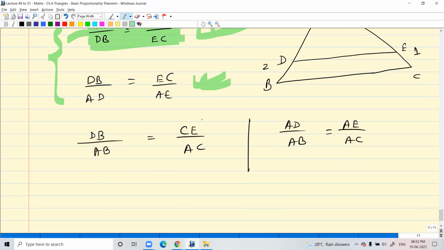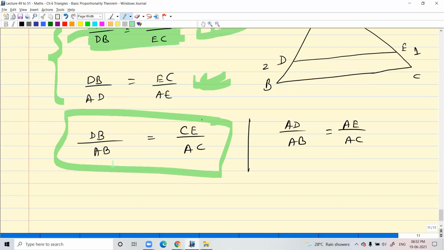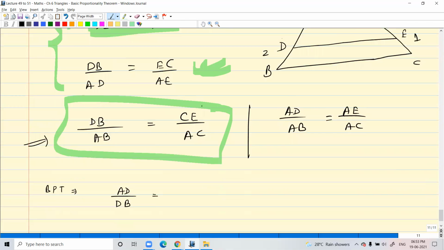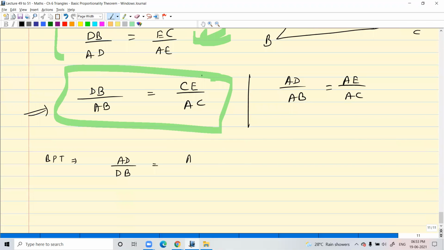So if you want to derive this third one, can you do it? DB by AB is equal to CE by AC. Start from the BPT: AD by DB, AE by EC.